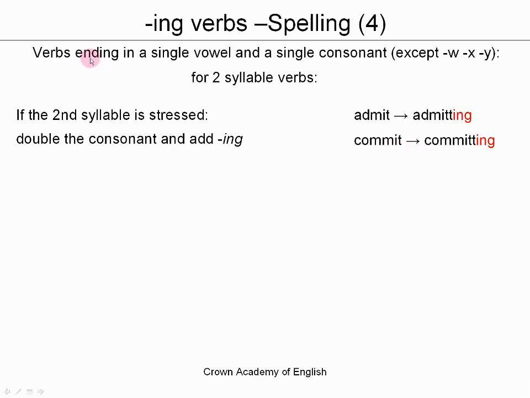There is a single vowel at the end, the letter I, and a single consonant, the letter T. Two syllables, com, mit, and the second syllable is stressed, mit. So we double the consonant, we double the letter T, and we add ing.